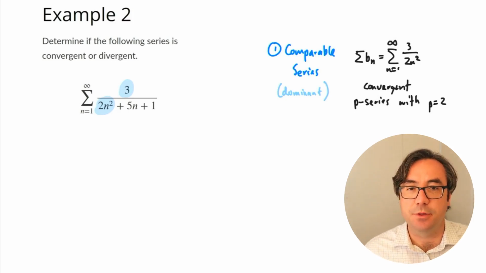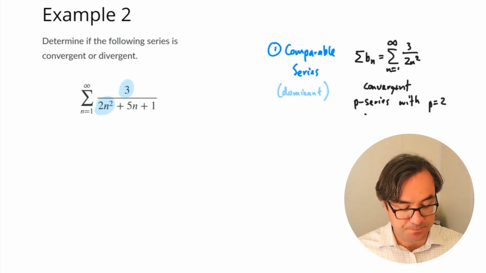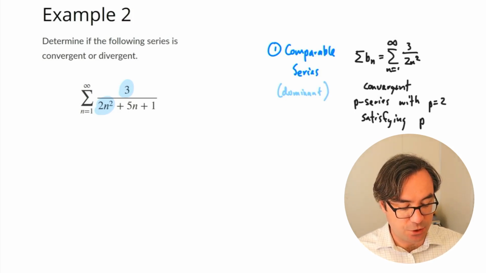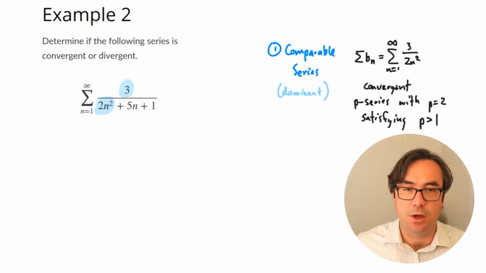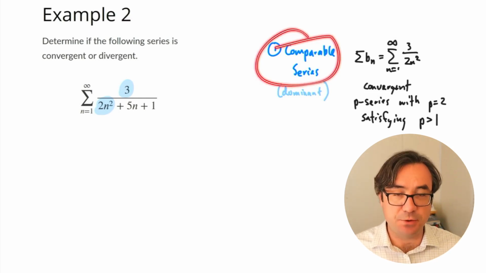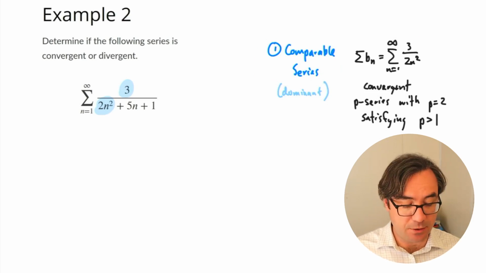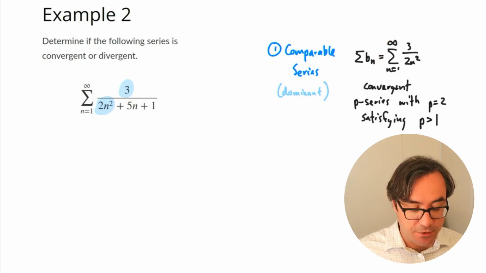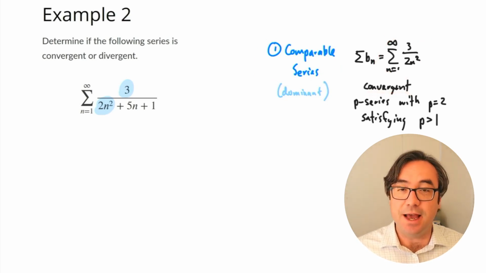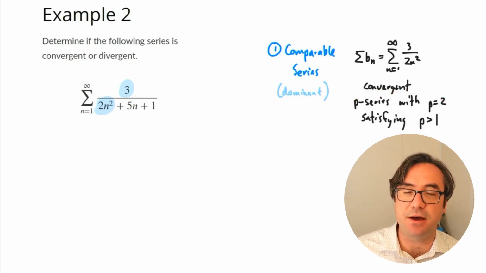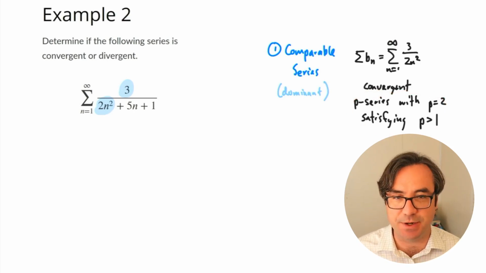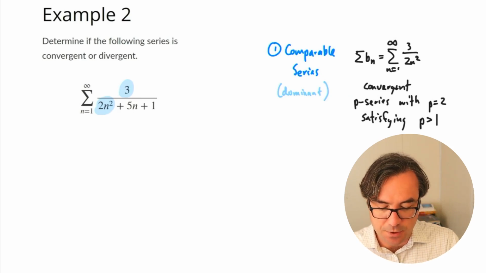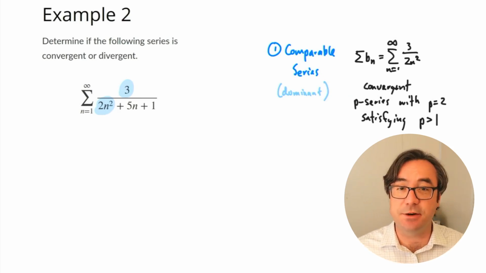If we remember, p-series converge when the p-value is greater than 1. So the first step is we find our comparable series, usually by looking at the dominant terms, and then we state whether it converges or diverges and give a little reason. Usually this is just saying it's a p-series with its p-value, or a geometric series if it's a geometric series.